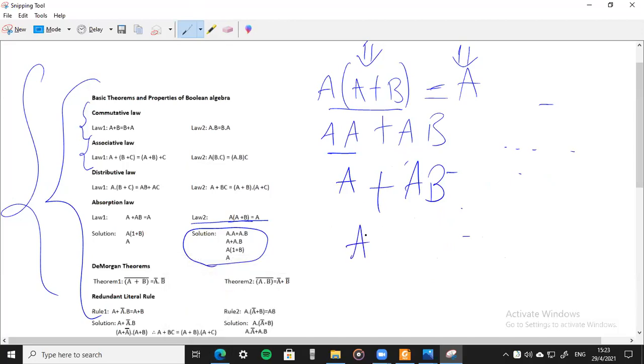If I take out a bracket, this is A times (1 plus B). But what is 1 plus B? If I know manipulation, I can find that 1 plus B is equal to 1.